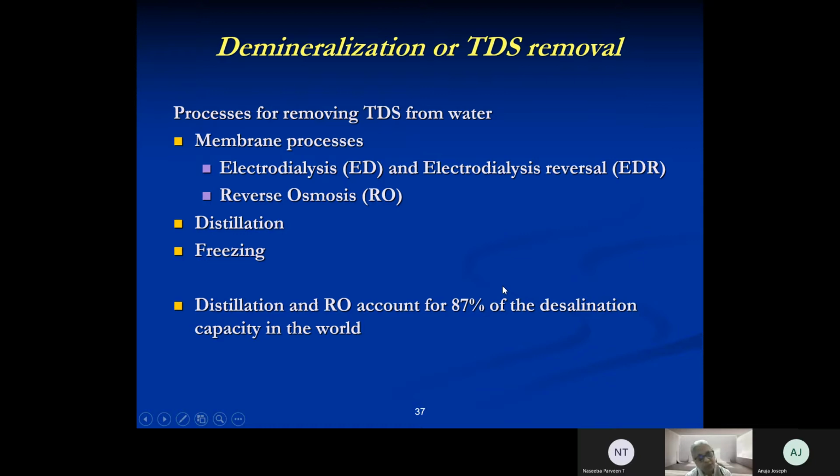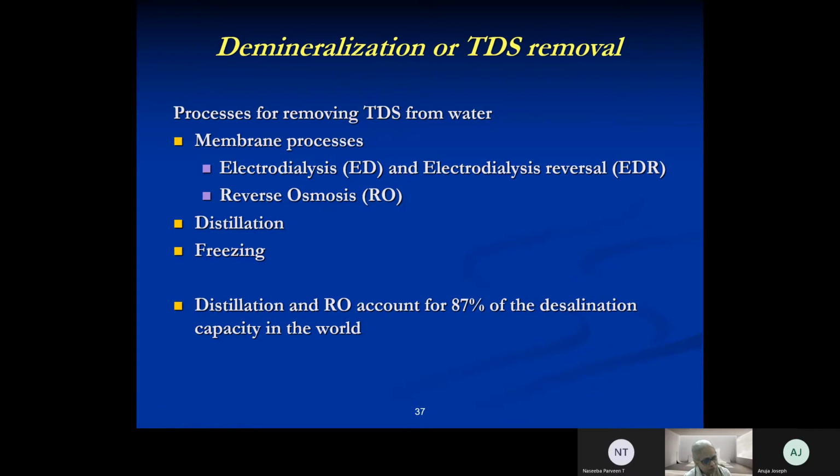Demineralization or desalination of water is one of the most important drinking water treatment processes. So there are many options that are available. Distillation used to be very common, but today the industry is dominated by distillation and reverse osmosis. RO stands for reverse osmosis.